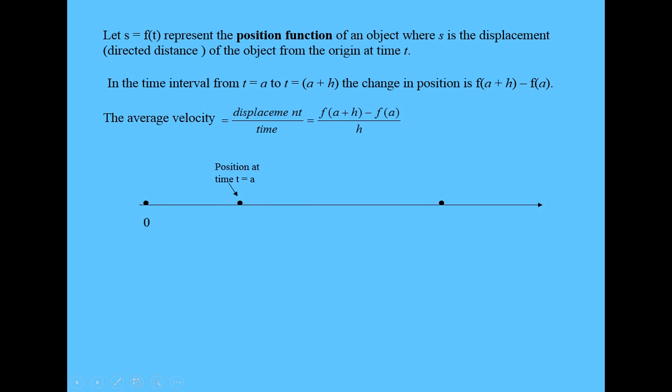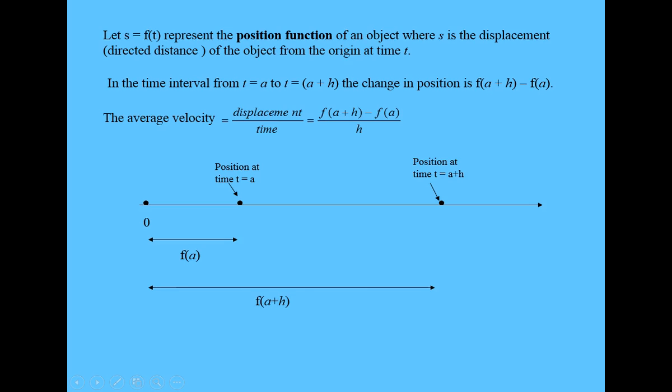Now here's a way of looking at this on a number line. Say here's our position at time a. This right here would be representing f of a, our starting position. Here's our position at a plus h, sometime beyond a. So if a was 2 seconds, a plus h would be sometime beyond 2, maybe 5 seconds or 10 seconds, whatever the time interval was.